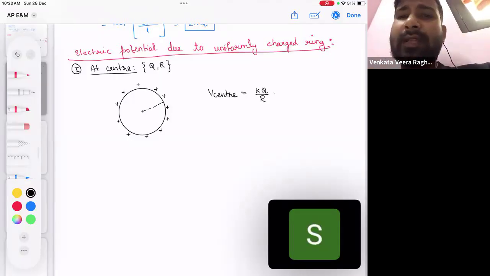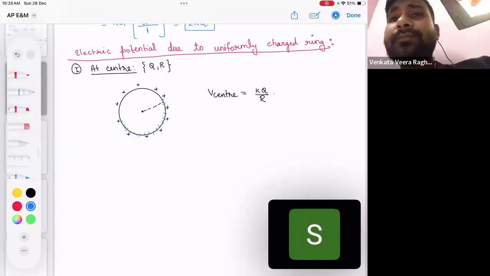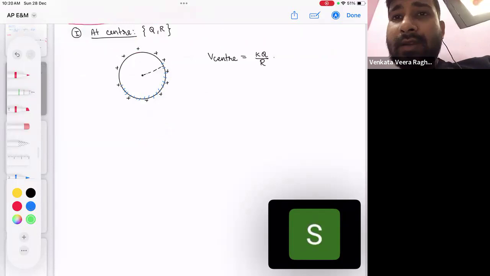Every small element will create the same potential, right? And then we will add all these potentials. That gives us the total potential at the center. Understood? Now, the second point we have is on the axis.